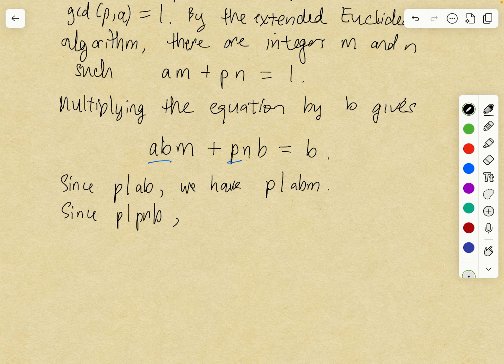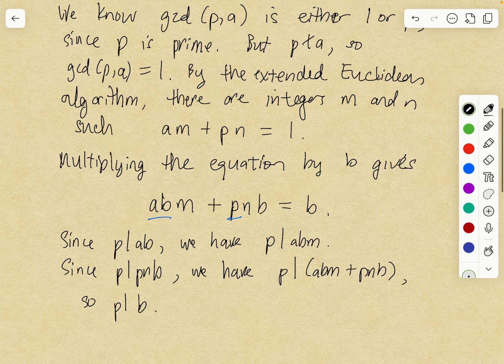So p is a divisor of abm, and it's a divisor of pnb. Therefore, it's a divisor of the sum. p divides abm plus pnb. But abm plus pnb is just b. So p divides b. And that's the proof.